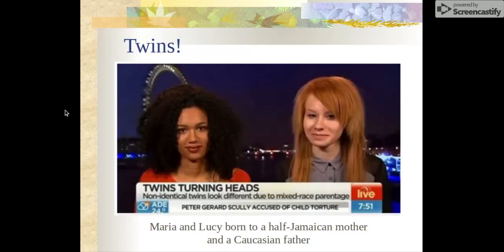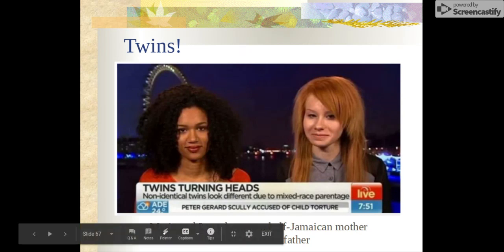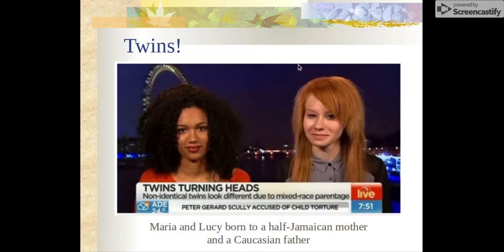Okay, this is just a quick little example of fraternal twins here. Okay, where they've got a half Jamaican mother and a Caucasian father. One of them ended up having much darker skin, the other light skin and red hair. Just because of that law of independent assortment, these chromosomes separated, and it's all about which chromosomes each daughter inherited.